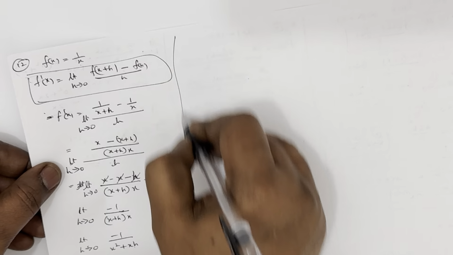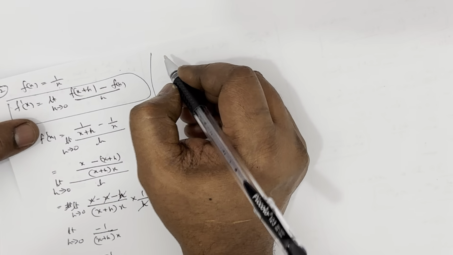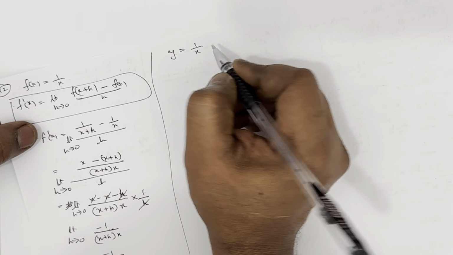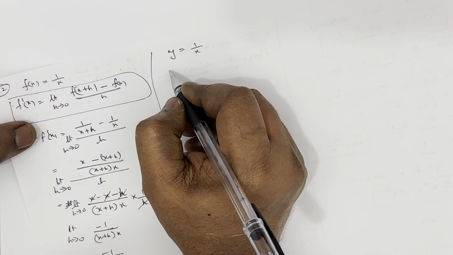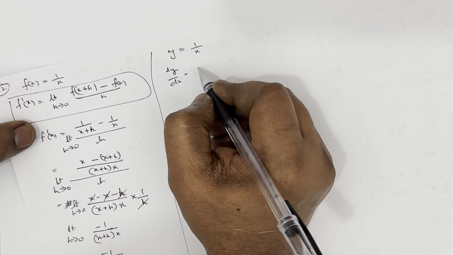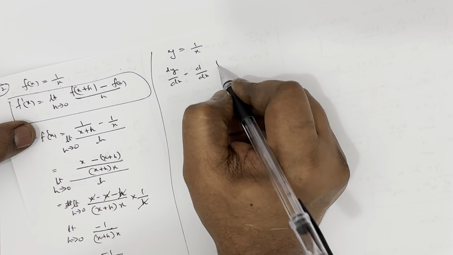Now by doing it in the second method, you have y is equal to 1 by x, so dy by dx is equal to d by dx of 1 by x.